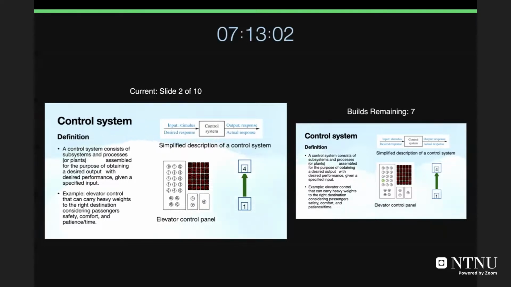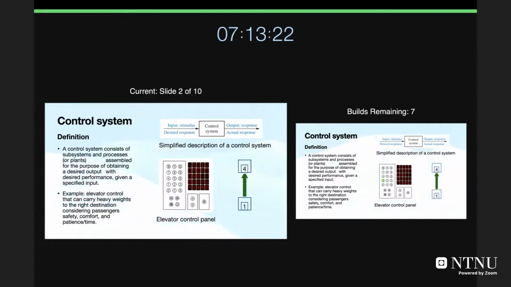If it is too slow, people will get tired, right? Because they want to reach the fourth floor as quickly as possible. And if it is too fast, it will also be a problem because people will not feel comfortable inside the elevator. So it's a trade-off. Safety is something which we cannot compromise, but there is comfort and patience.